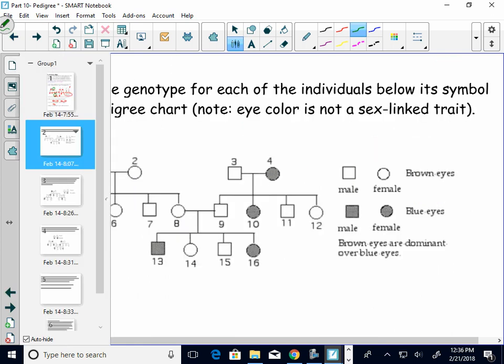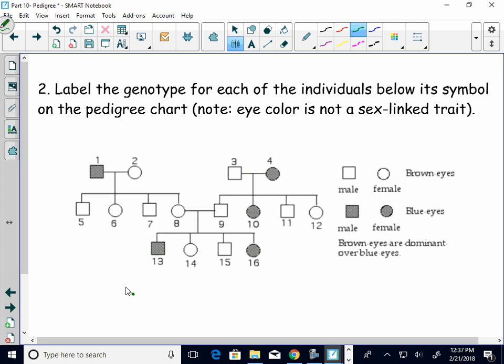Now, what I want you to do, folks, okay, I don't think we're going to have enough time to get through this one. So I'm going to switch this, and what I want you to do is work for homework tomorrow.